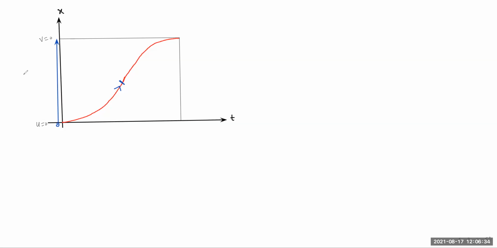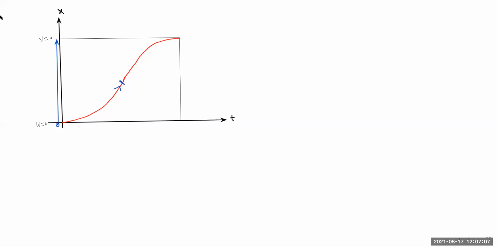So if something is only accelerating, will it come to rest ever? No, sir. So if any journey begins at rest and ends at rest, it means some part of the journey must have acceleration and some part must have retardation.